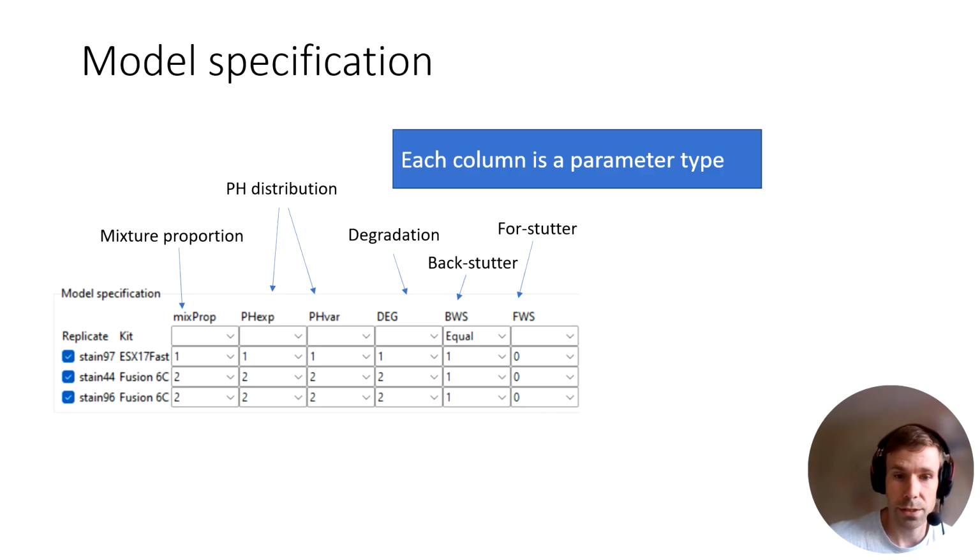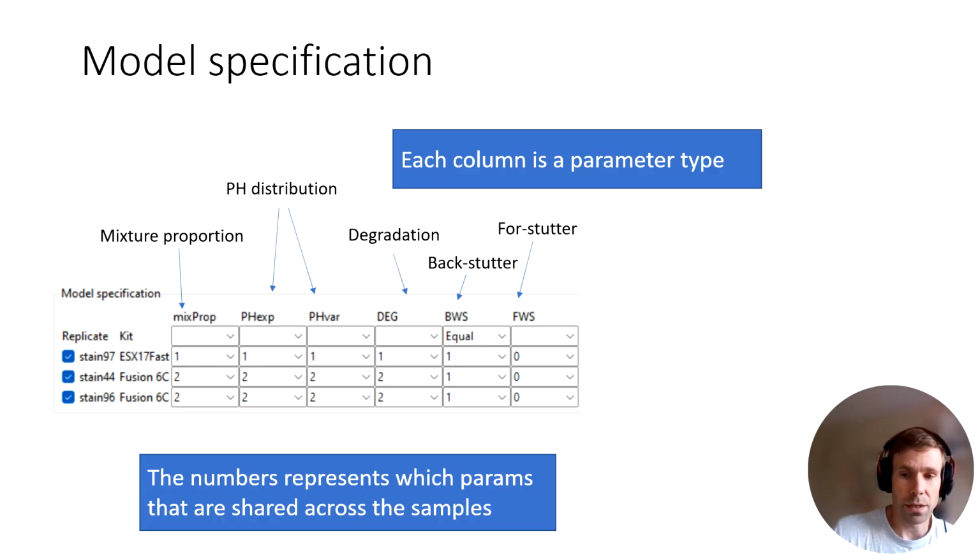What is confusing here is of course the numbers. What do they represent? Importantly, these numbers represent which parameters should be shared across the samples. Here we have one for ESX17 and two for the Fusion 6C profiles. That means that they should have separate parameters for these two different kits.